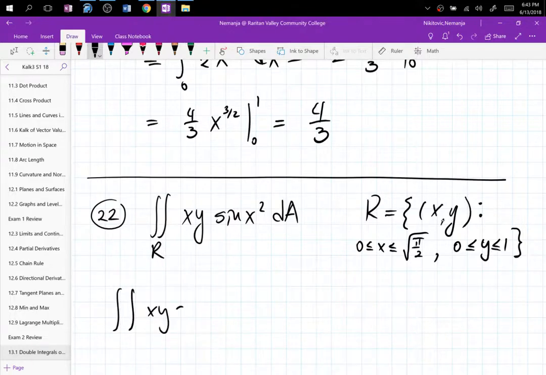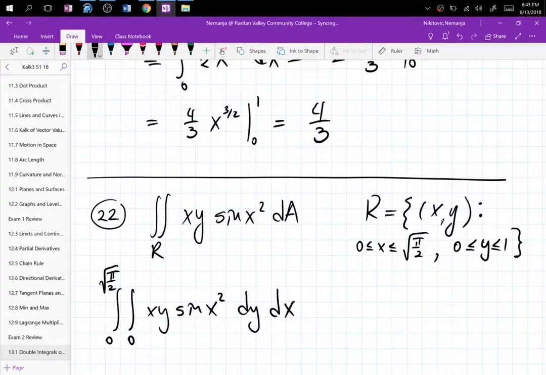So we have xy sine x squared. And now which one do I integrate out first? Y. Exactly. So now x is on the outer, so the limits for x go on the outer, and y is on the inner, so 0 and 1 go on the inner.